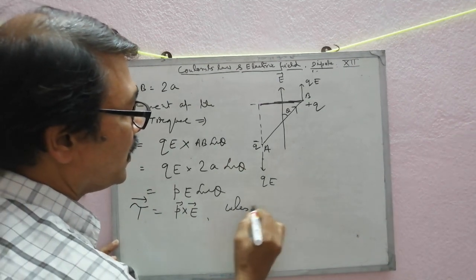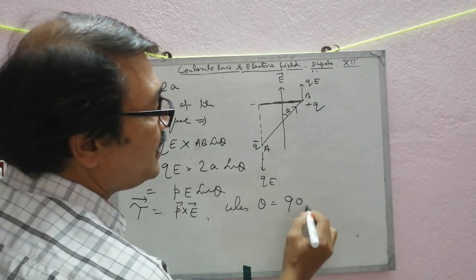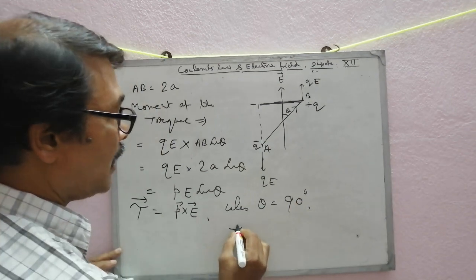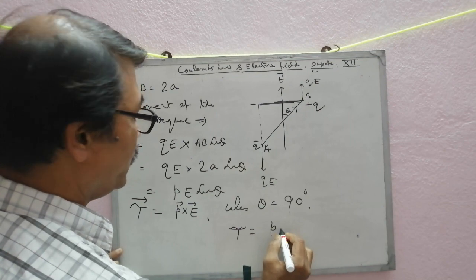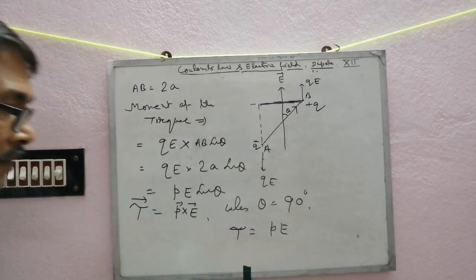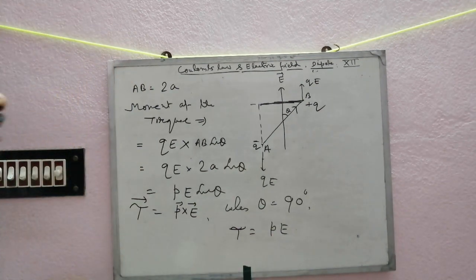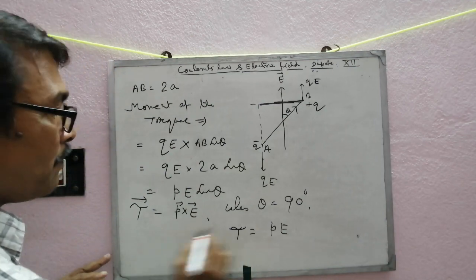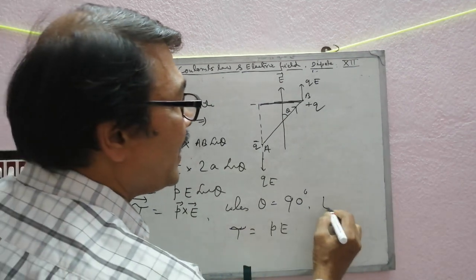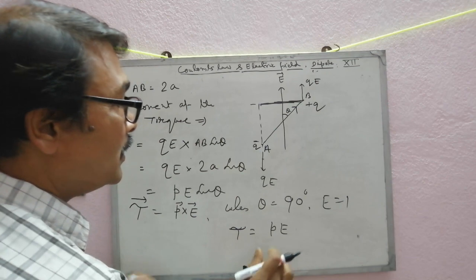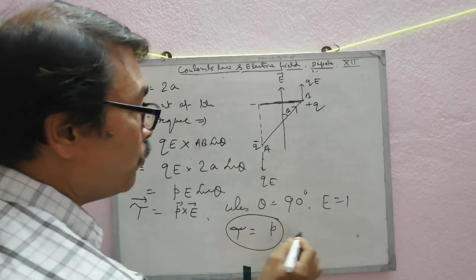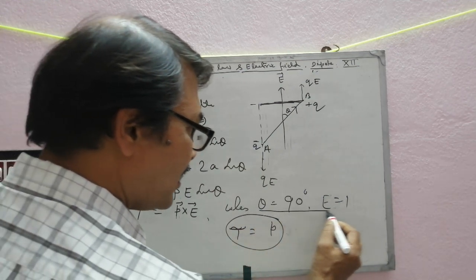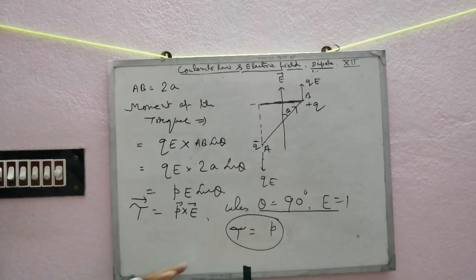So this is another form: tau equals P cross E. When theta equals 90 degree, tau will be P into E. Now, if theta equals 90 degree and E equals 1, then tau will be P. This is the dipole moment. So from this condition we get the definition of dipole moment.